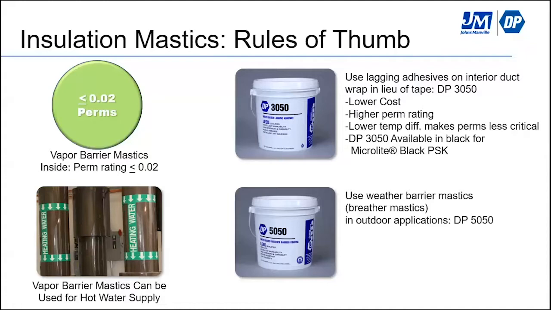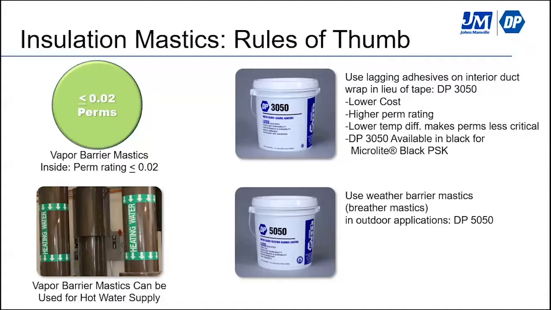That water sometime during its life is going to turn into a vapor. That vapor is going to create a higher pressure underneath the insulation, and it will allow the water vapor to escape through the breather mastic, hence the name breather mastic, and allow that moisture to escape, hopefully preventing or helping to prevent corrosion under insulation.